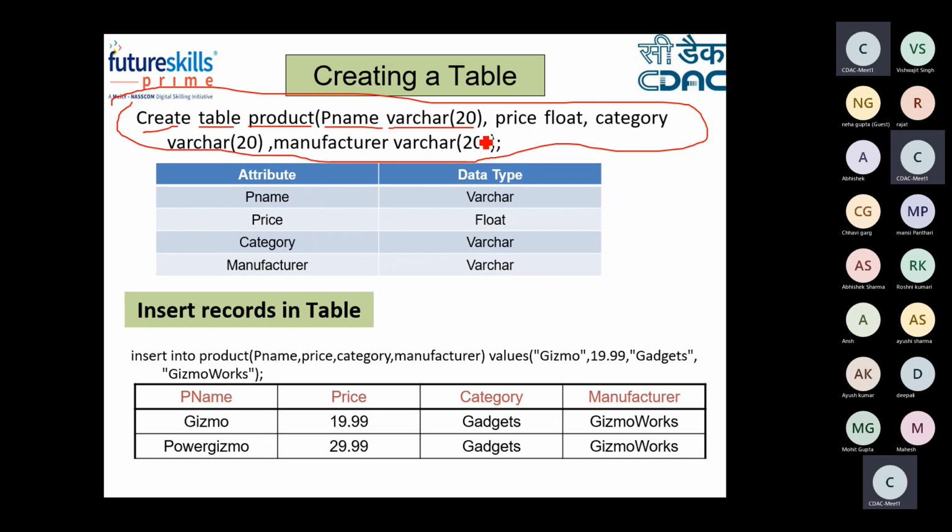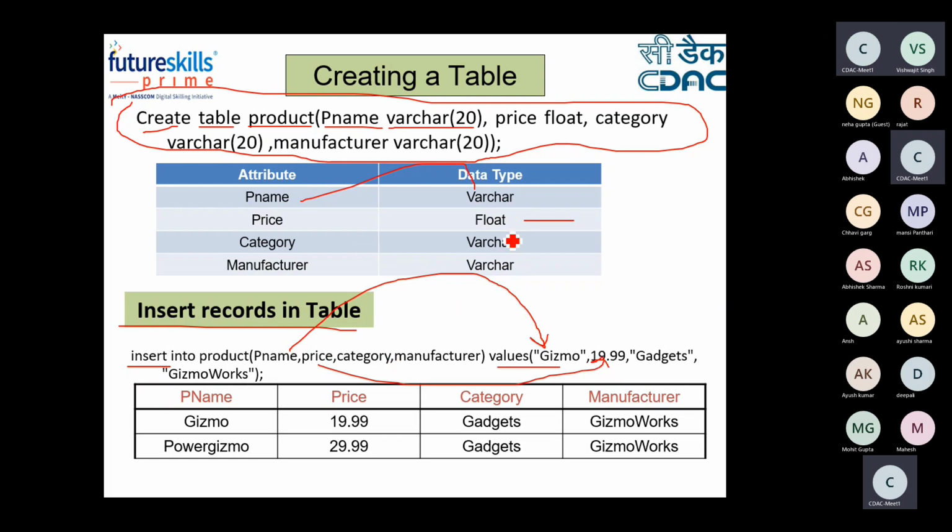We can also insert a record in a table by using the INSERT keyword, like this: insert into product name, and values. What kinds of values have we defined? For product name, we defined character type. A combination of characters is known as a string, so it can be entered. The second one is float: the price is entered in float form.